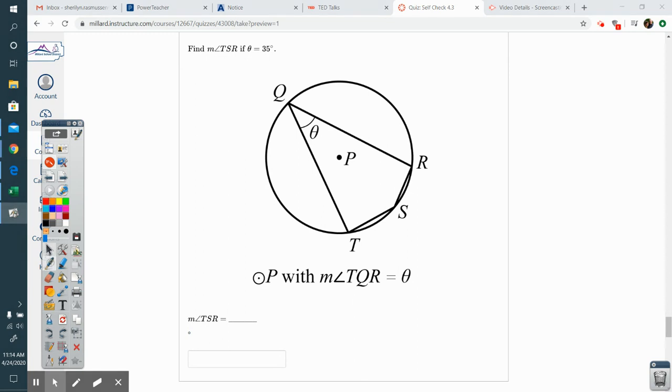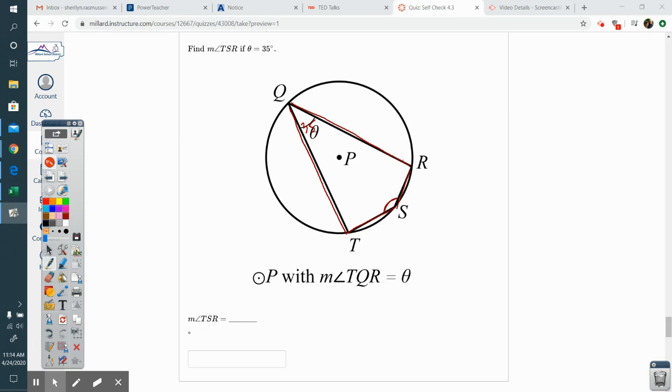Okay, find the measure of TSR. So this is an angle. They want this angle, if theta over here is 35. Okay, so here's a definition of a quadrilateral. Whenever you have a quadrilateral, you see how this is one side, two side, three side, four side.